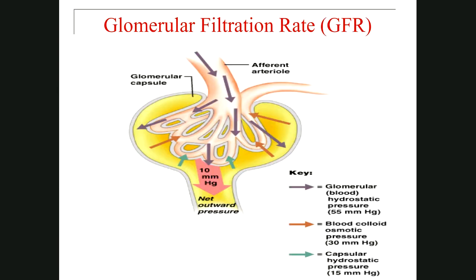Here you can see the glomerular hydrostatic pressure, or the blood hydrostatic pressure, which is 55 millimeters of mercury, and you can see it by the purple arrow. The other pressure is the blood colloid osmotic pressure, the pressure of the protein in the blood. It's about 30 millimeters of mercury, and you can see it by this red arrow.